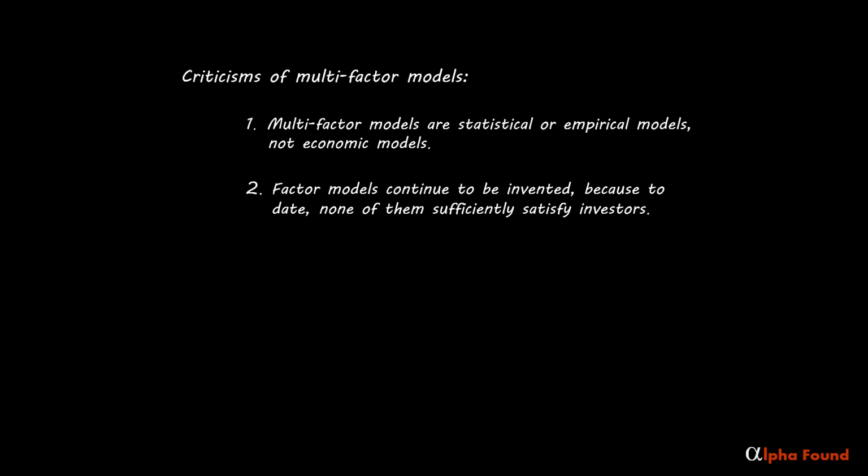The fact that there are several multi-factor models out there indicates indirectly that there is dissatisfaction with each particular multi-factor model. Otherwise, no one would go through the effort to create a new one. Some other multi-factor models include low volatility as a factor, which this series of videos will eventually address. Adding factors increases the likelihood of multicollinearity, where one factor can be estimated by another factor.